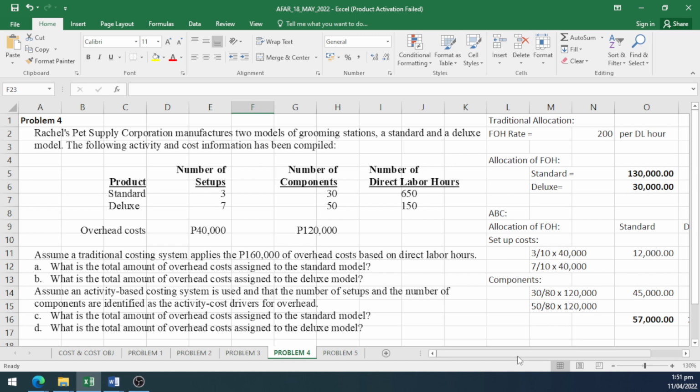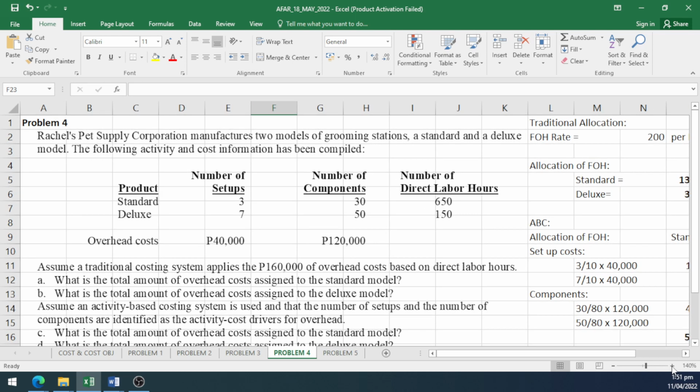Between traditional and ABC, the traditional method or the ABC gives cost allocation which is more accurate. Ang nangyayari sa traditional, may tinatawag na cross-subsidization. Later on, you will realize kung paano nagkakaroon ng cross-subsidy. Meantime, we answer this problem number 4 muna.